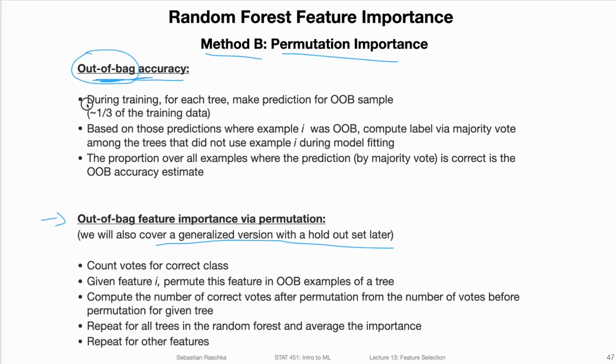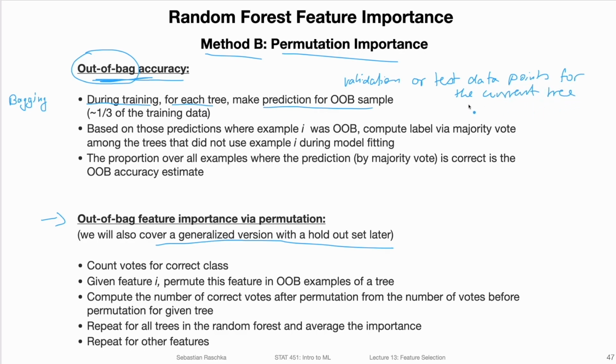So what we do is, during training, we can actually assess the predictive performance of the decision trees or of the random forest. Actually, if you recall from the ensemble lectures, we did that with the bagging classifier, and with random forests, it works the same way. So during training, for each tree, we can make predictions for the out-of-bag samples, which are essentially like validation or test data points for the current tree.